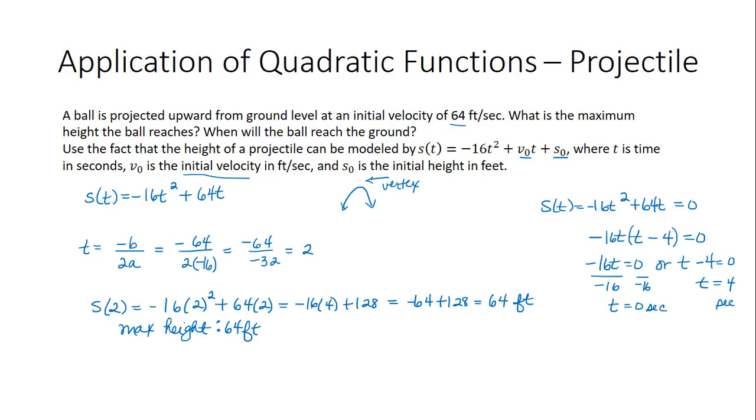So 0 seconds was the initial height, right? Initially it was at 0 feet. Then it went up to this maximum height of 64 feet after 2 seconds. And then in 4 seconds, it came back down to the ground. So when will the ball reach the ground? It will reach the ground 4 seconds after being launched.